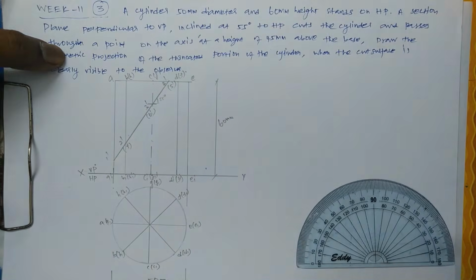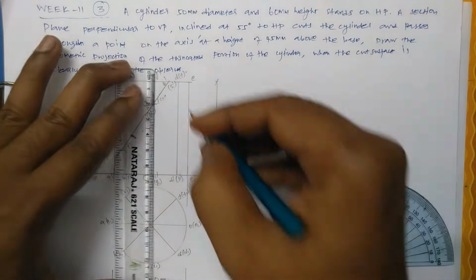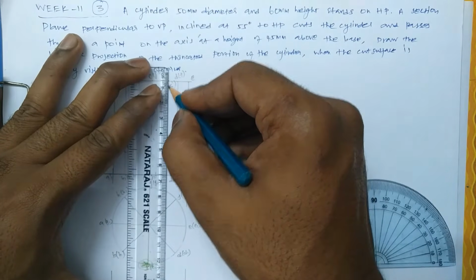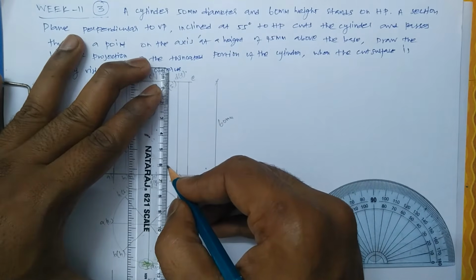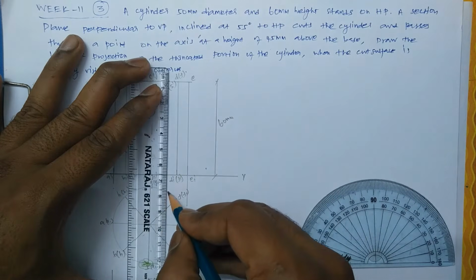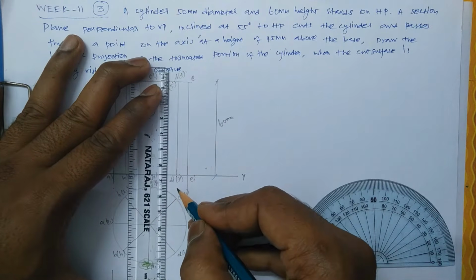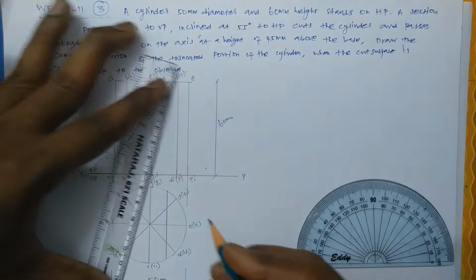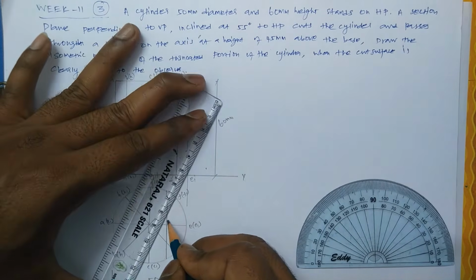Only 7 points intersect. So when you are seeing from the top, I just mark one reference edge, and the remaining portion we can hatch.